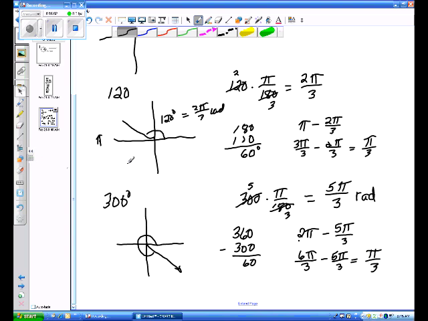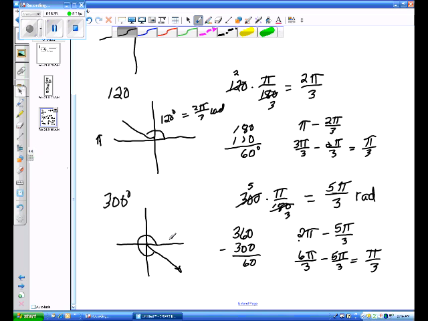Now, one of the things you should have noticed here is every time in radians our denominator's 3, our reference angle ends up being pi over 3. So it makes it a little bit easier. You're going to know immediately when your denominator's 3 that your reference angle is pi over 3 or 60. So we need to keep that in mind.